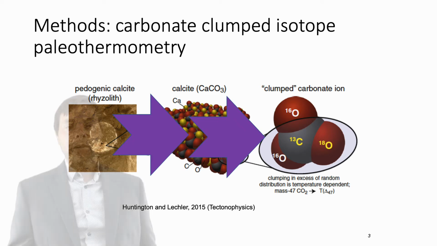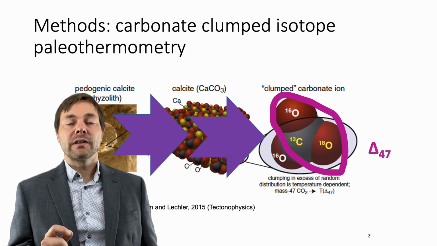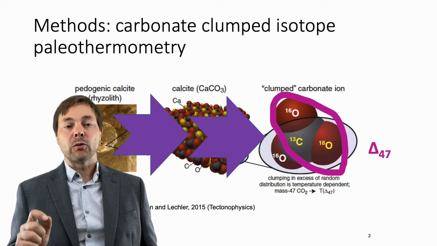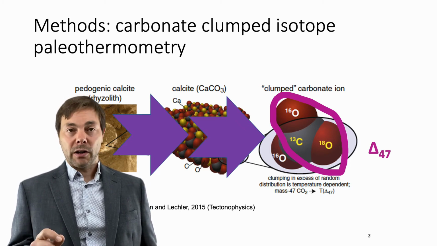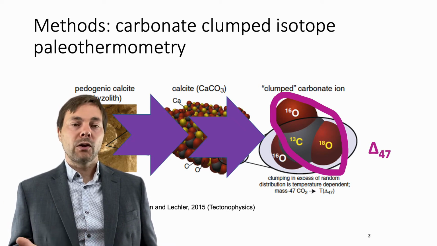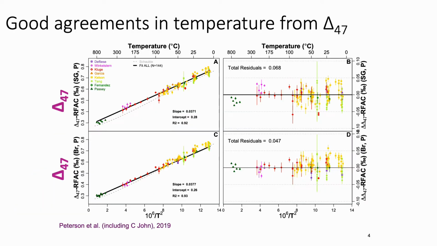More specifically for clumped isotope, we are interested in the pairing of the rare heavy isotopes O18 and C13 in a molecule. And we measure this relative to a stochastic distribution, and we call this Δ47. Δ47, this is a figure here from Peterson et al. in 2019. It's a compilation of all of the different calibrations for clumped isotope that we have put together.